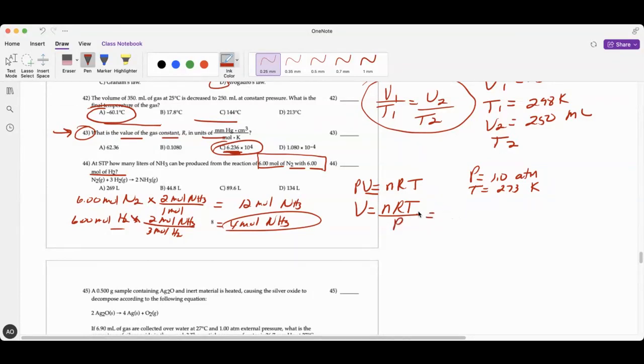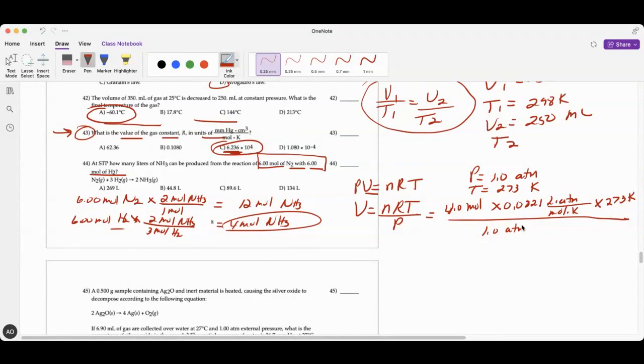The number of moles is 4 moles, times R, which is 0.0821 liters atmospheres per mole Kelvin, times the temperature, 273 Kelvin, divided by the pressure, which is 1 atmosphere.